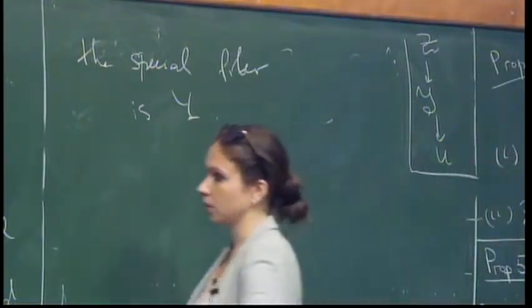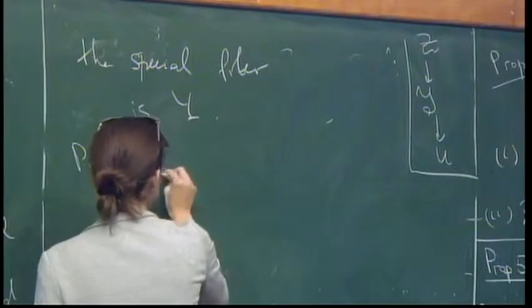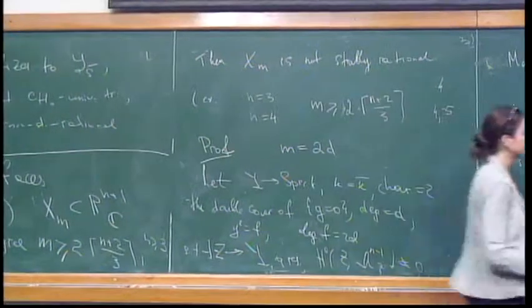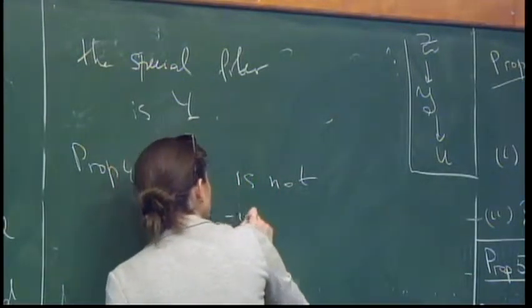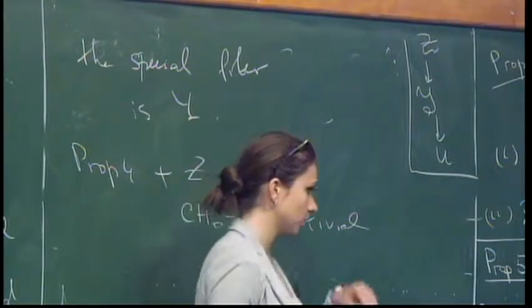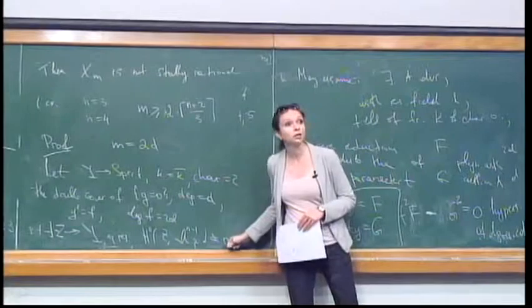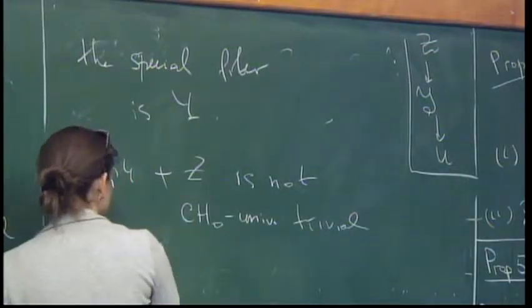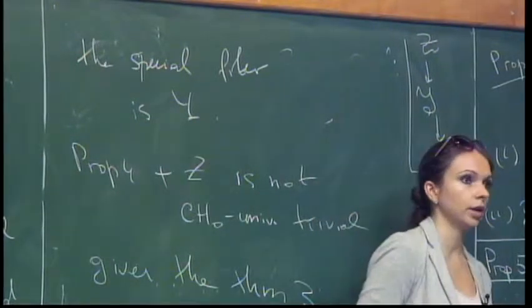And then I think that I will just say that using proposition 4, similarly, plus the fact that Y is not CH0 universally trivial. Unfortunately, I don't remember the number of the proposition which says that for a universally trivial variety, one can have no differential forms. Okay, for this reason, it's the case. Similarly as before, one can probably also apply 6 to get it for a general point, etc.